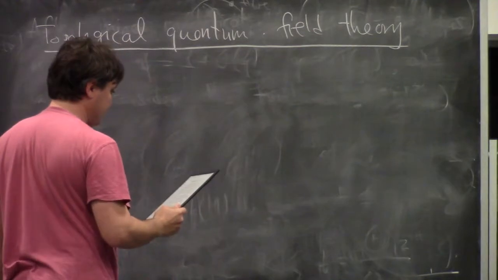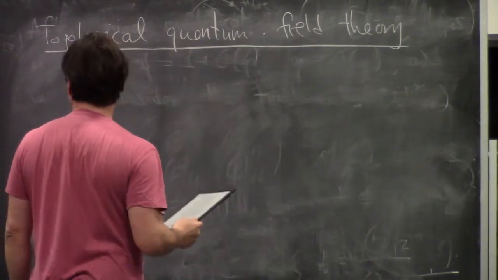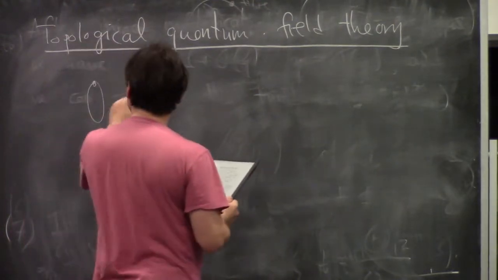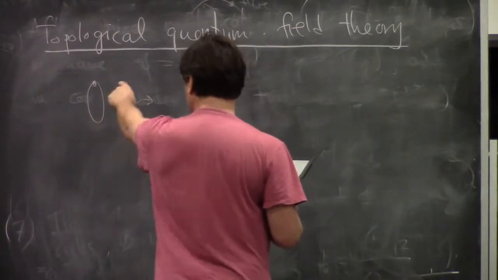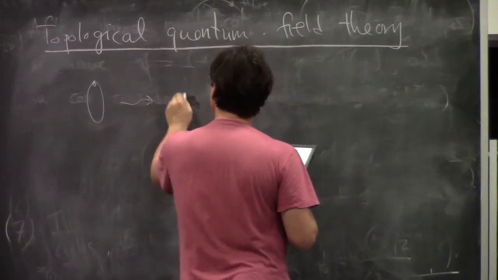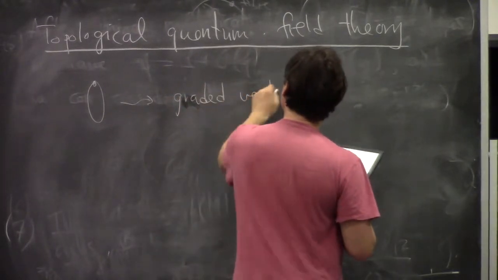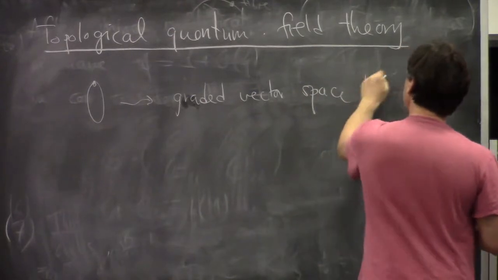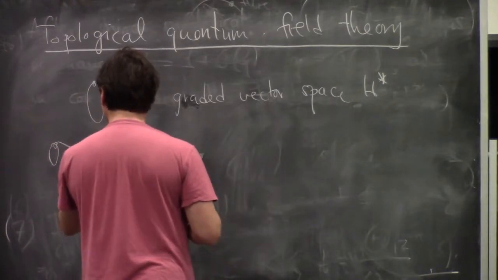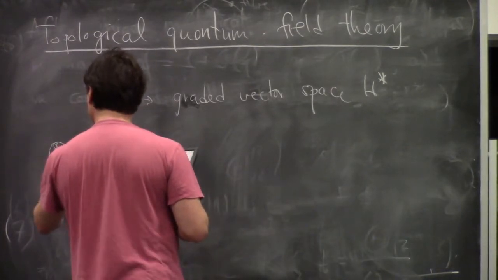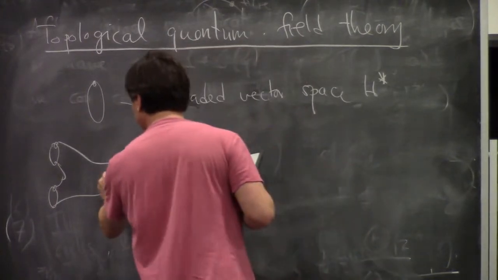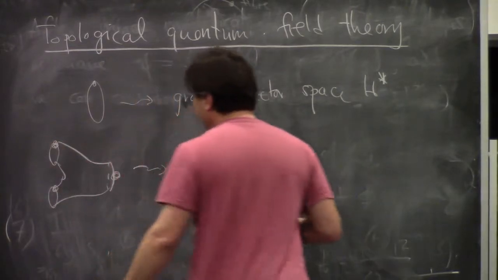Okay. So what is this quantum field theory? What does it have? Well, you have a circle, and it's a parametrized circle. So I indicate this by putting a mark point, and you want to associate to this a graded vector space. And then if I have a surface, and I'm going to restrict to genus 0 surfaces here, because I don't need any more, they have a certain amount of boundary components.